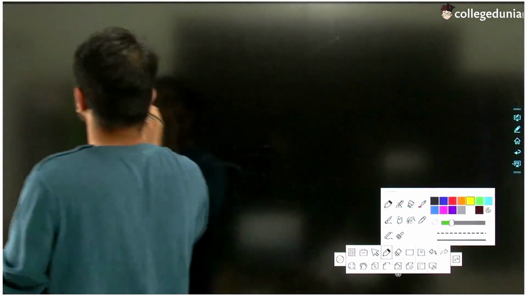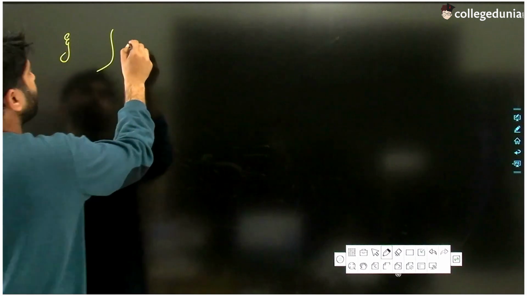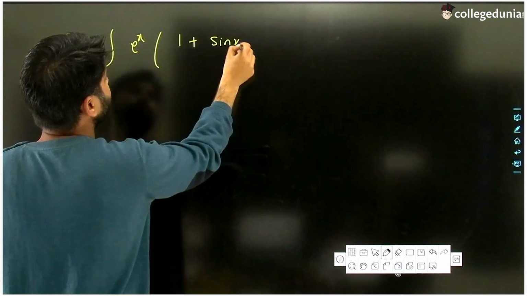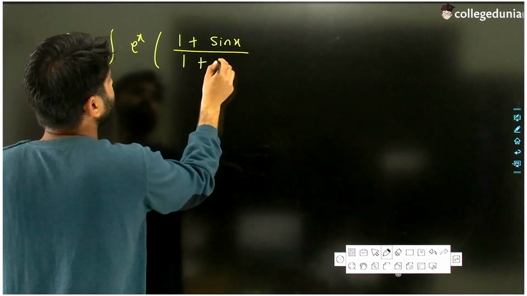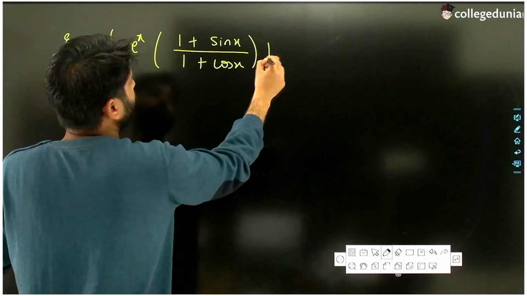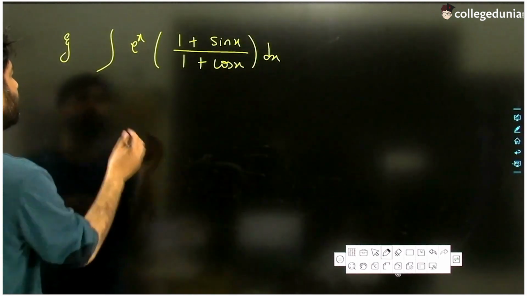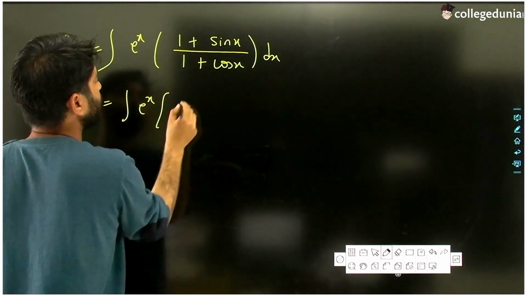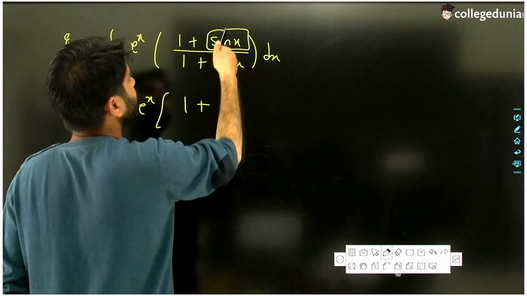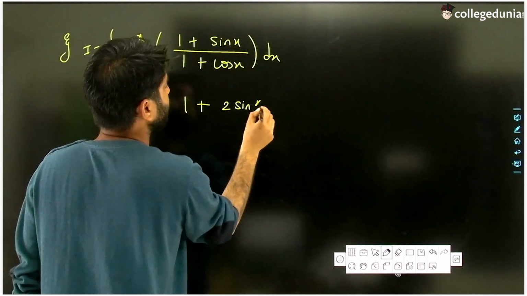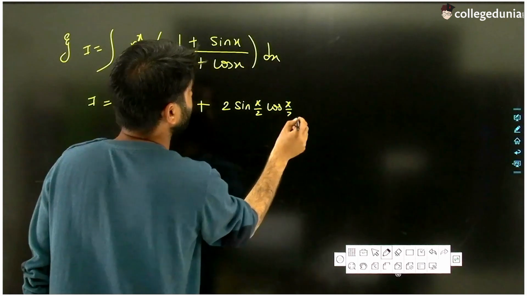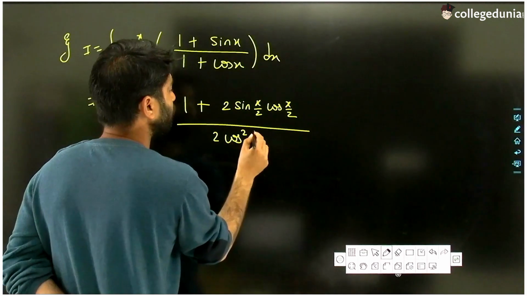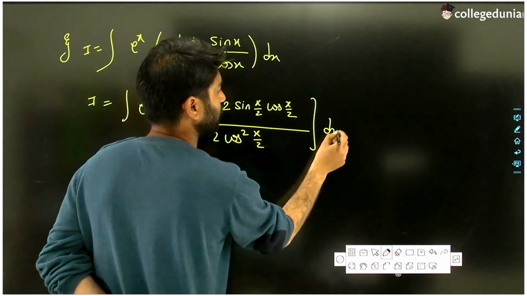Guys, let's take another example. Suppose we have to integrate e to the power x, in numerator we have 1 plus sin x and in denominator we have 1 plus cos x, right? So now we can write this sin x as 2 sin x by 2 cos x by 2. In denominator we have 1 plus cos x, which can be written as 2 cos square x by 2, right?